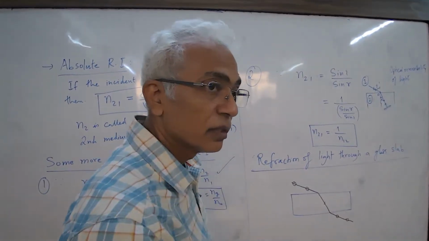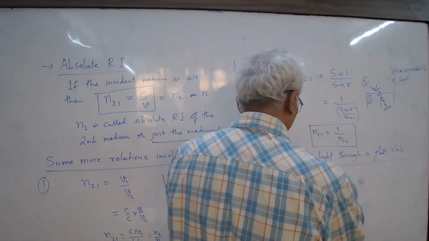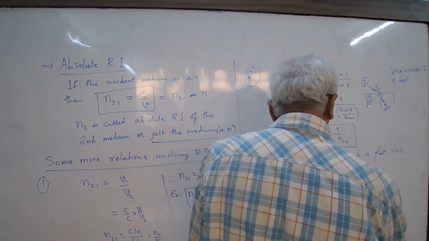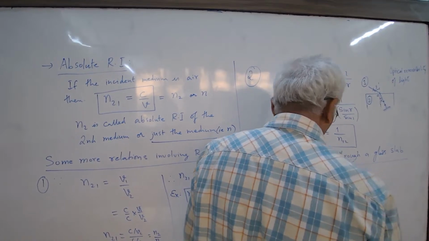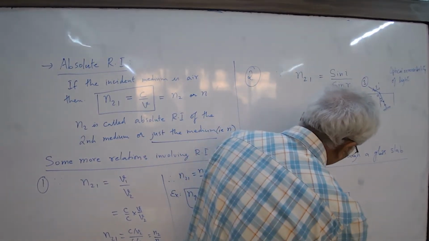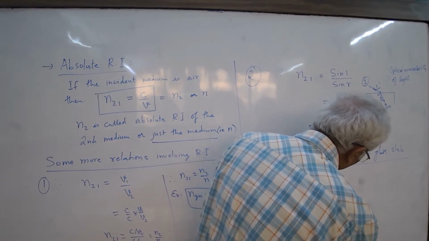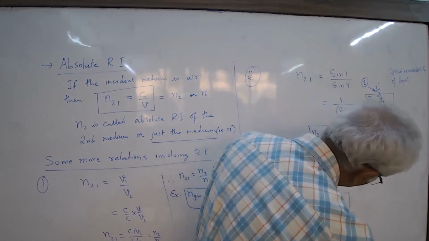Expected. This is expected because now when you draw the normal, right? So where is the original direction? Okay. And these rays are parallel actually.